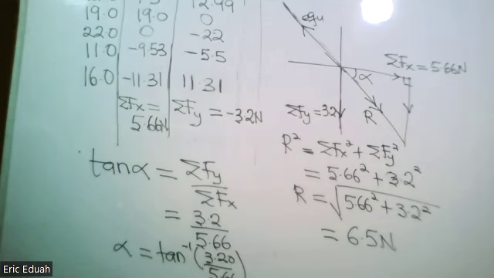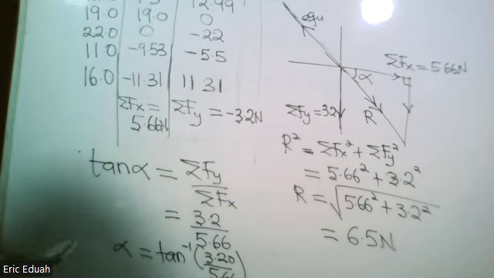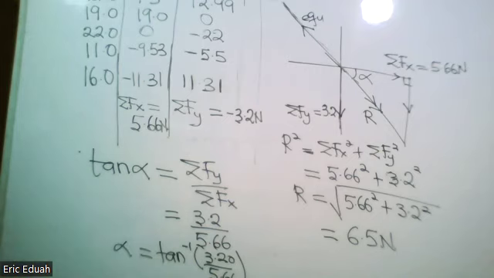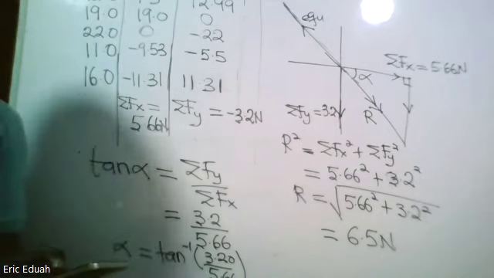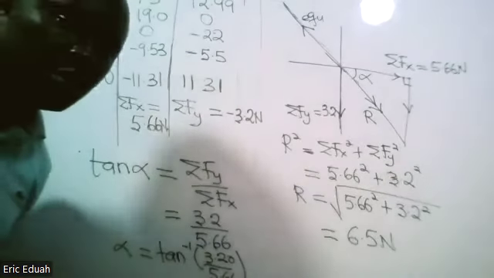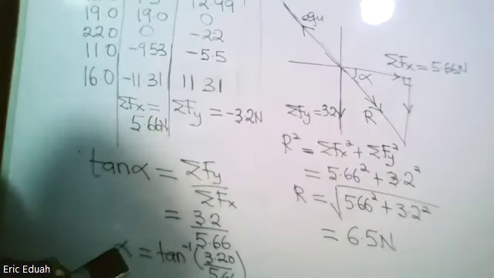What have you made for the direction of the equilibrant?